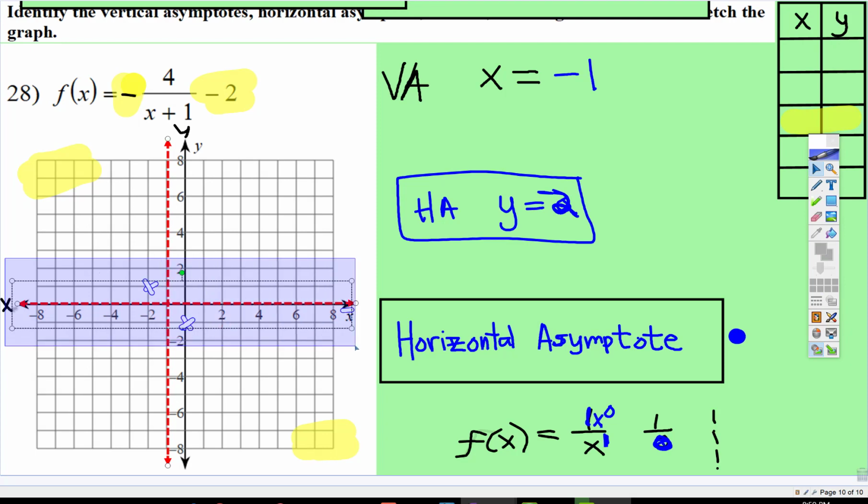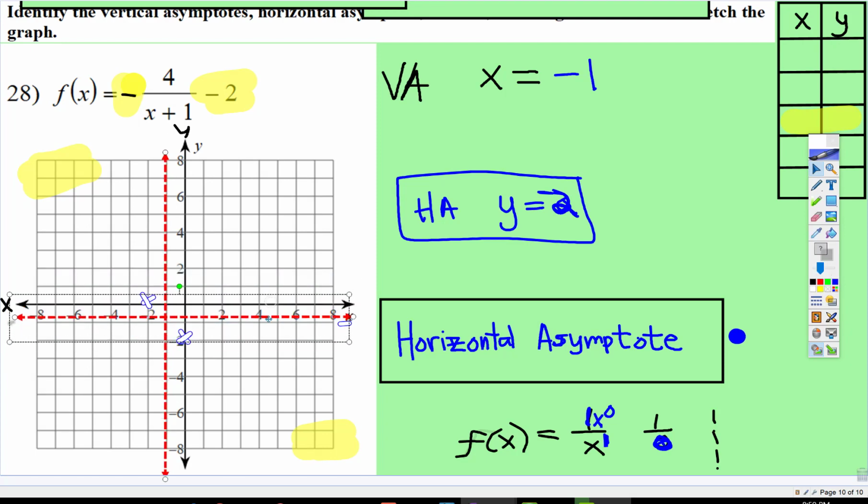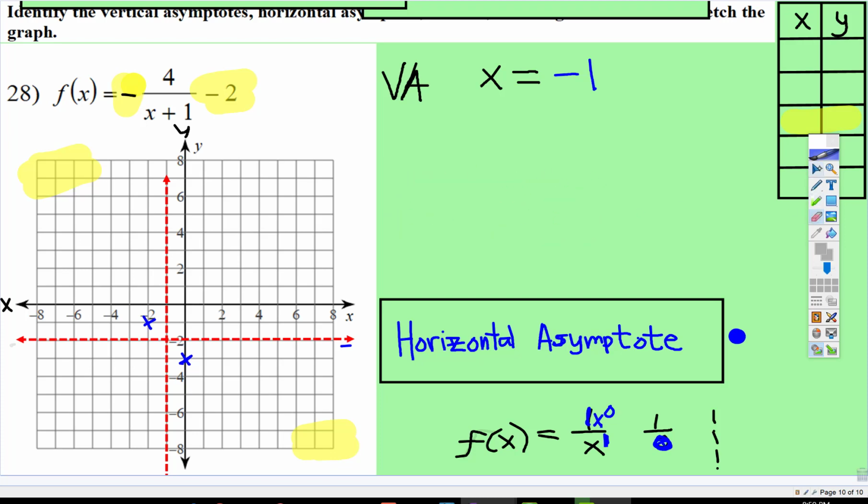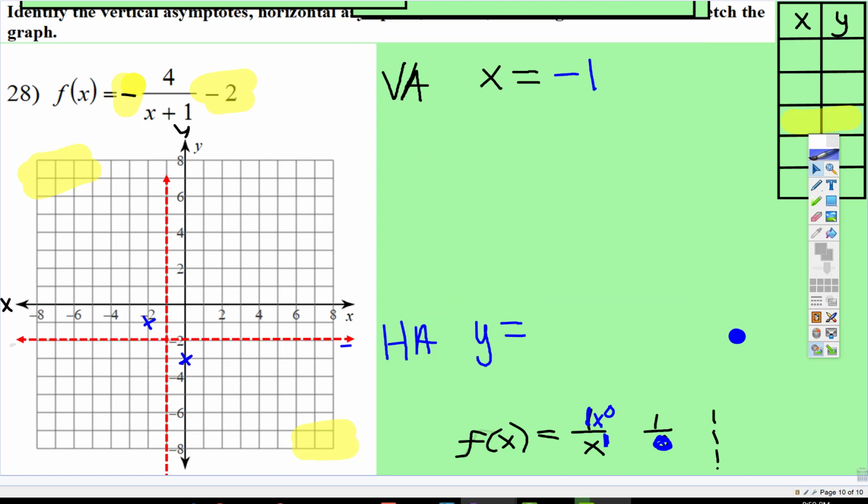So I'm going to shift all of that stuff down 1, 2. Okay, so those will be our starting points right there. I'm going to erase this and say where y is equal to negative 2, because right there that tells us we'll be down there at negative 2.